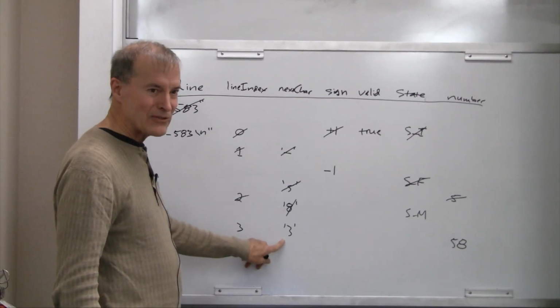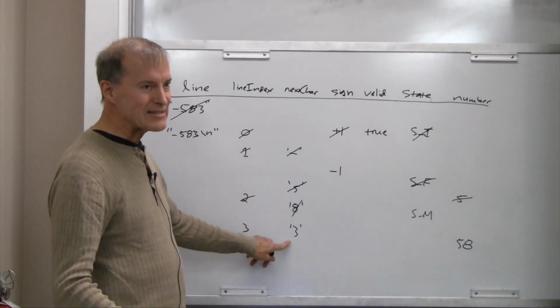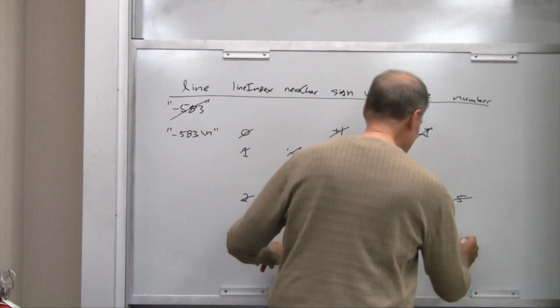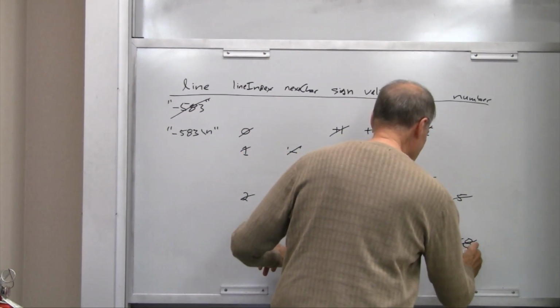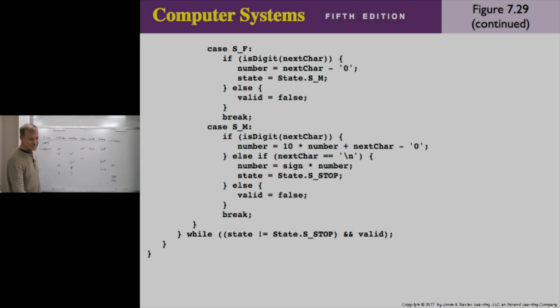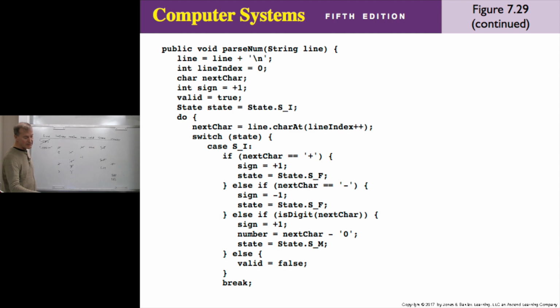The digit value 3, the numeric 3, so this becomes what? 583. Are you with me? Okay? And then we skip the else, break, while, state, stop, valid, right? We go back up.